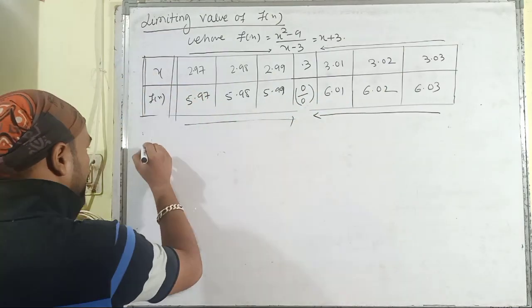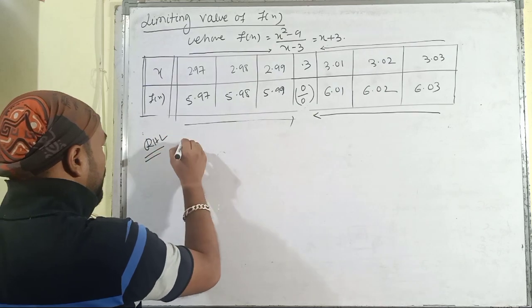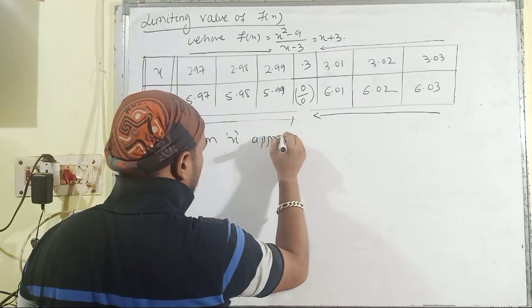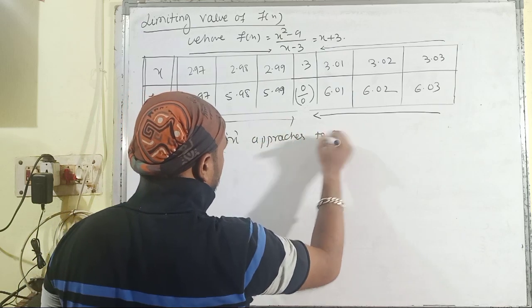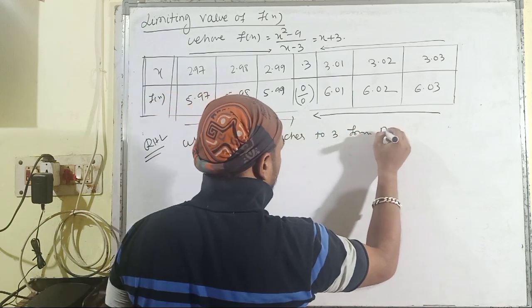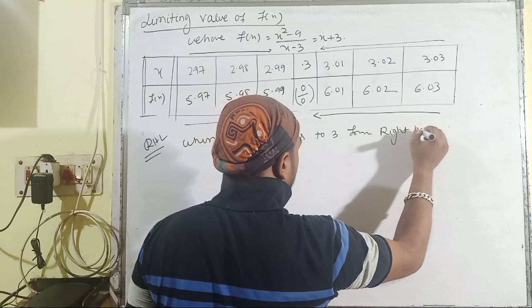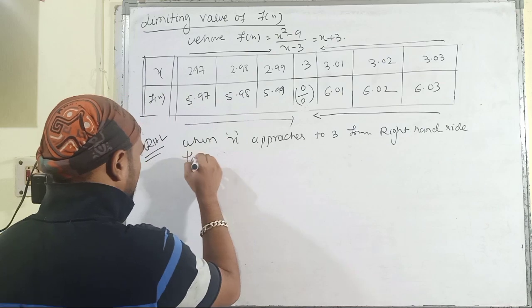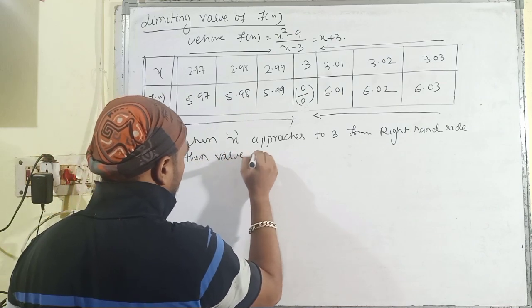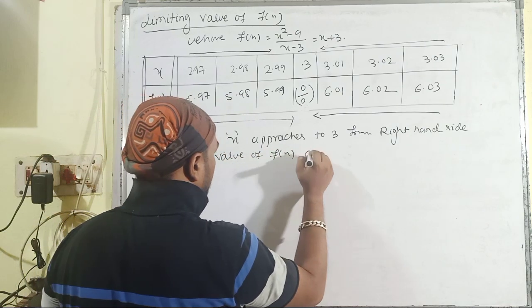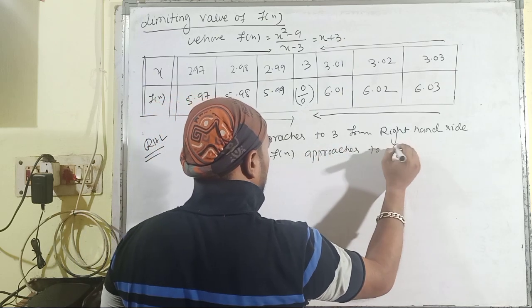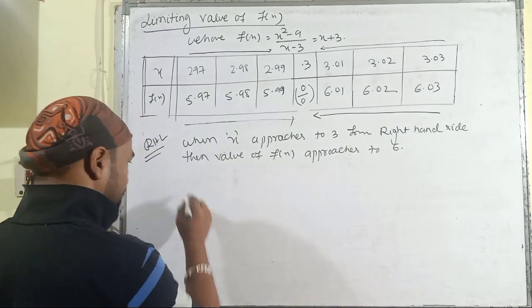So this is the right hand limiting value. When x approaches 3 from the right hand side, then the value of f of x approaches 6 from the right hand side.